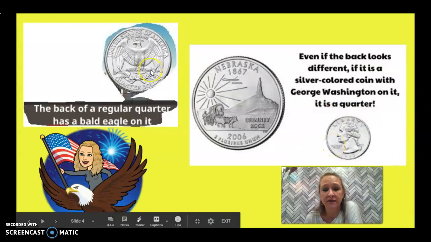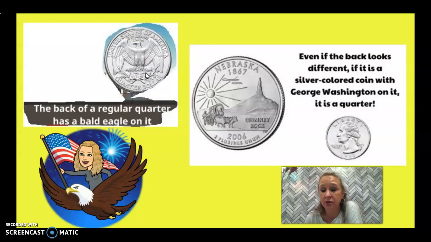Here are some more views of the quarter. This is the back of the quarter that I showed you with the bald eagle. That's the back of a regular quarter. It has a bald eagle on it. Then, even if the back looks different, if it is a silver-colored coin with George Washington on it, it is still a quarter. That is correct.